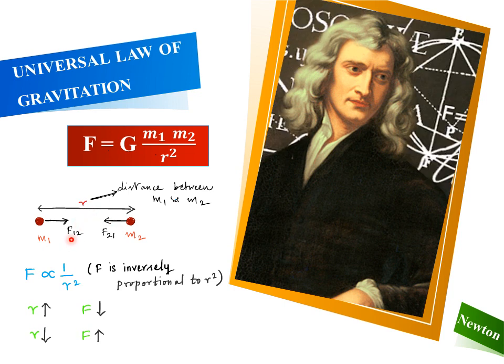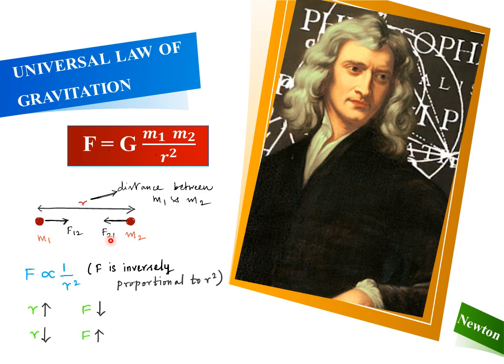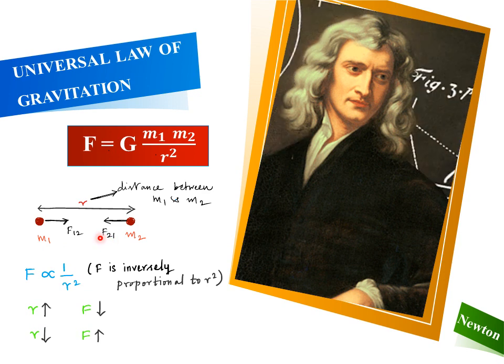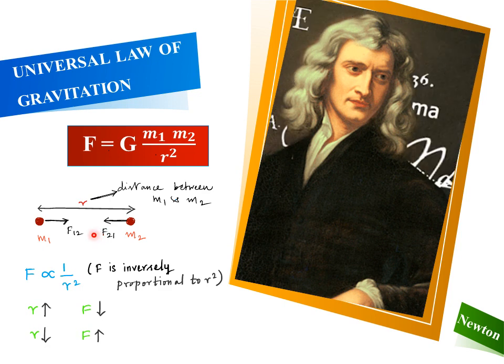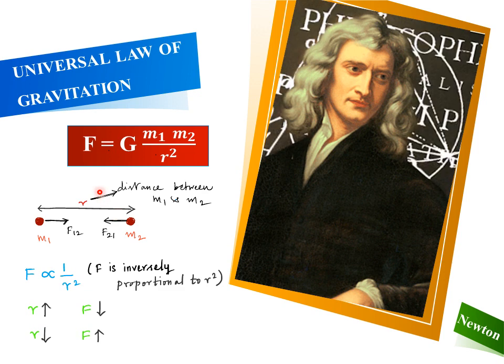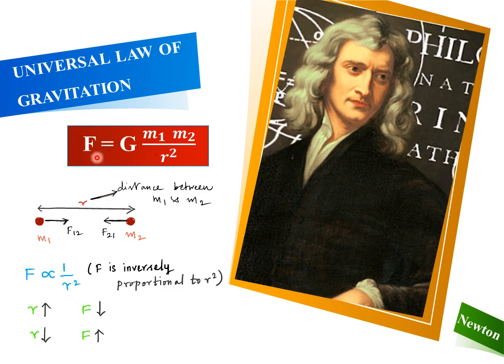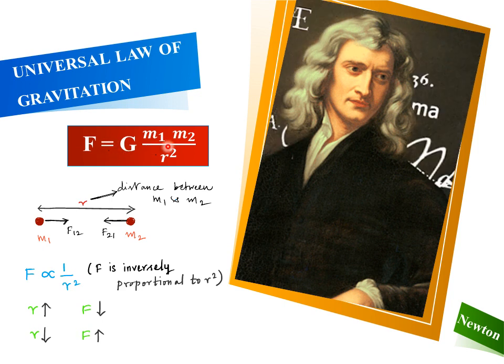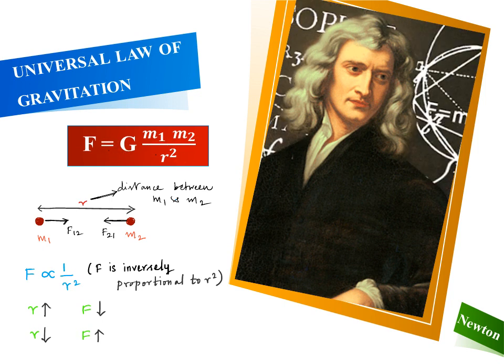So here we have F12 equal to F21, but they are acting in opposite directions and along the line joining the two particles. The magnitude of the force of attraction is equal to G into m1 m2 divided by r square.